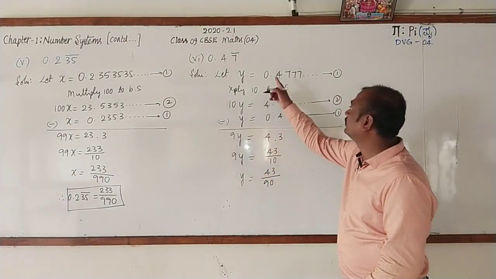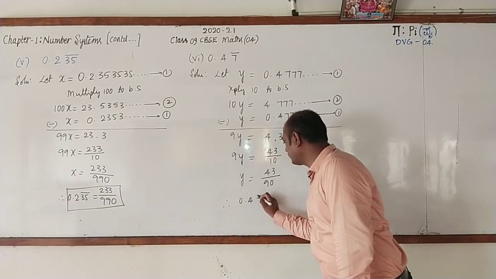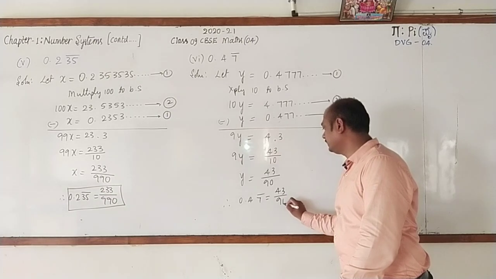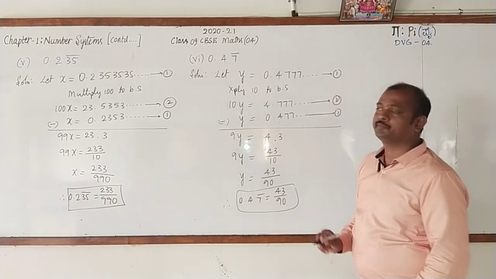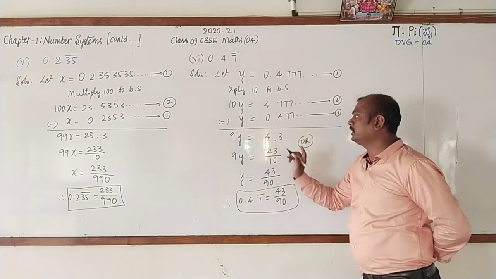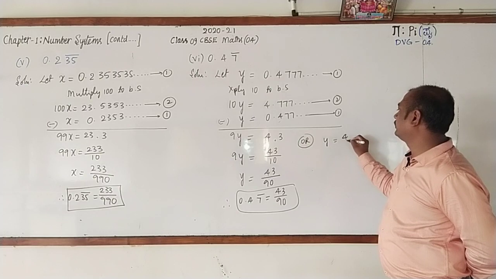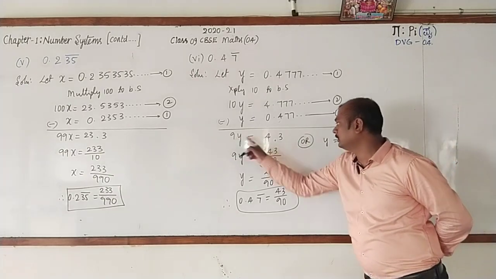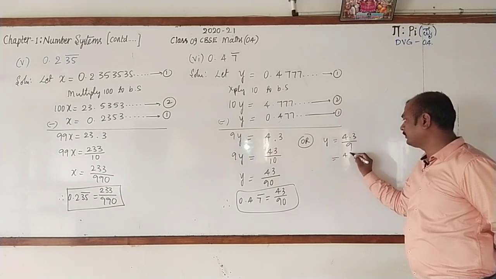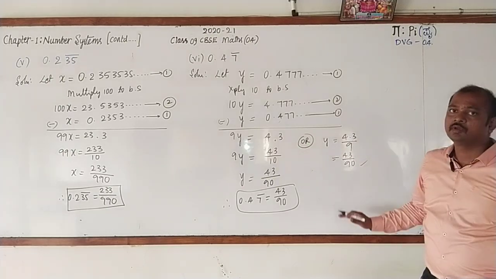Therefore, what is y? y is 0.47 bar, which is equal to 43 by 90. And you can also write like this: 9y equal to 4.3, y is equal to 4.3 by 9. After the decimal, one digit is there. You can write 43 by 9 directly. This way also. Clear?